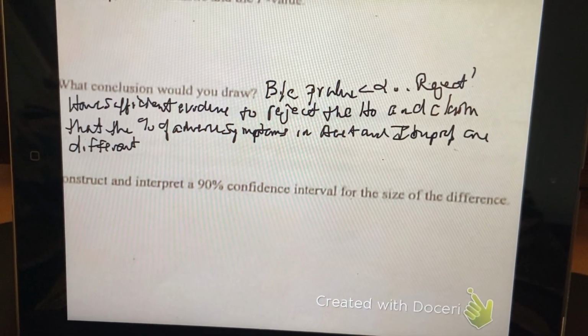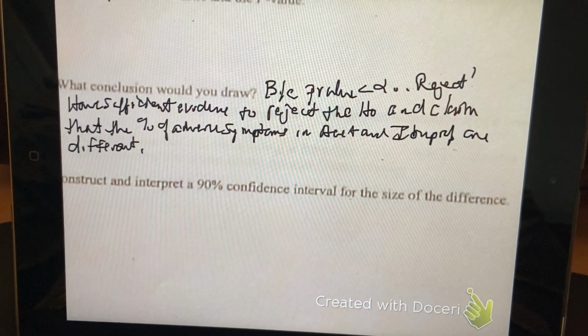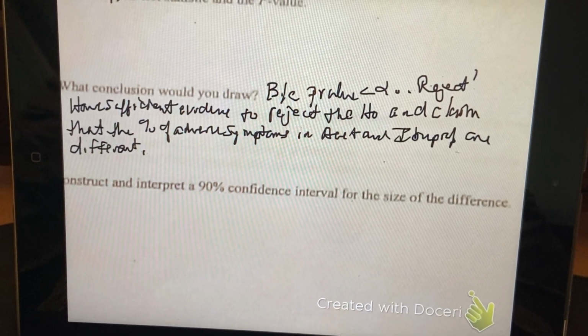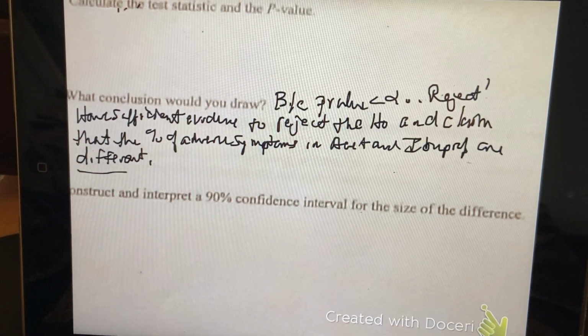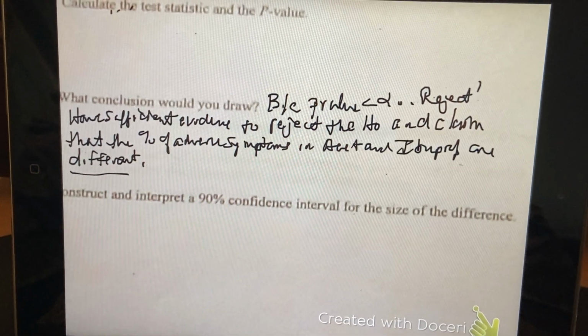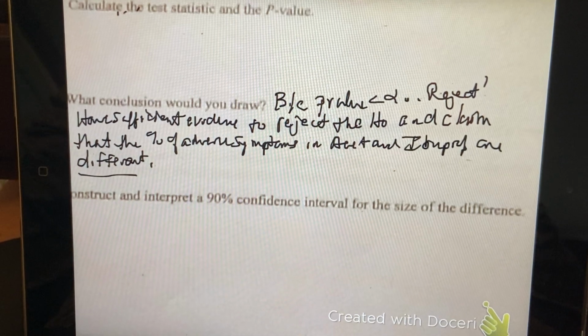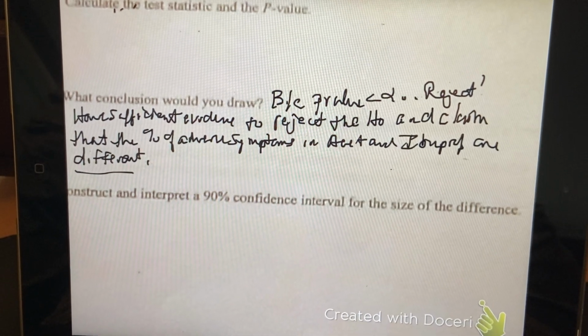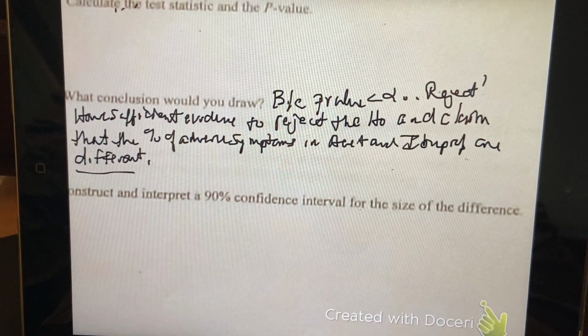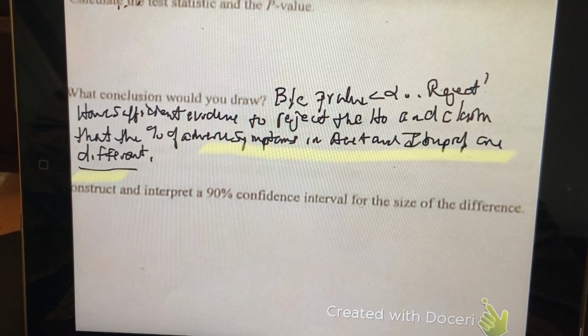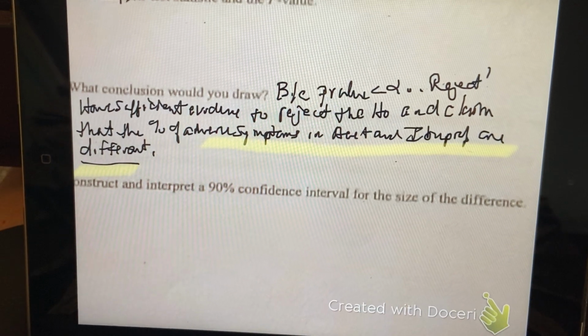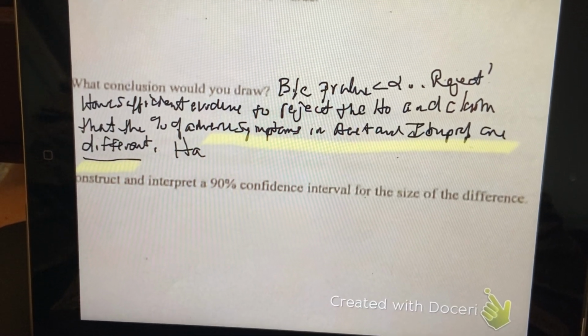All right, and so everybody kind of okay with that? So the key word, the difference, okay? And so as we get into other tests, you might say greater than, you might say less than. So this piece right here that I'm underlining or highlighting is the alternative hypothesis.